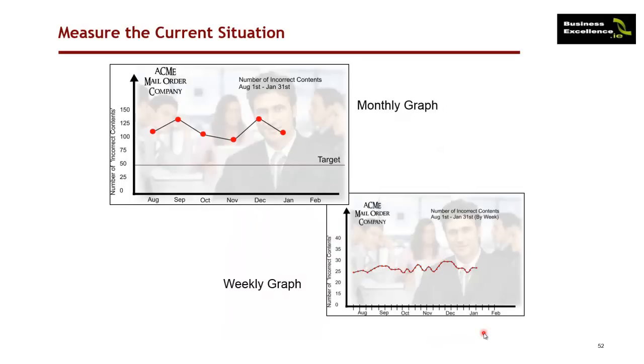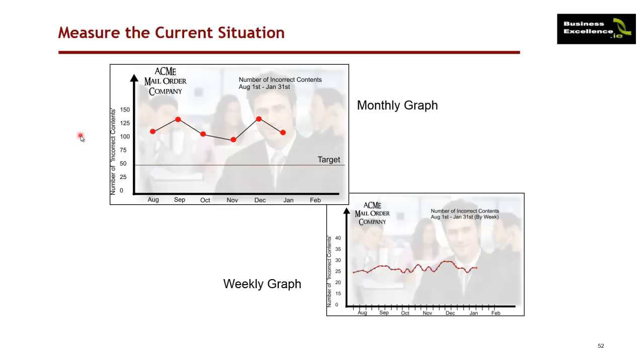Sometimes when we look at data, it might be useful to ask the question, when does it happen, when does it not happen? In the first graph over here on the left-hand side, we are presenting a graph of incorrect data on a monthly basis from August to January. If we asked ourselves the question, when does the problem happen?